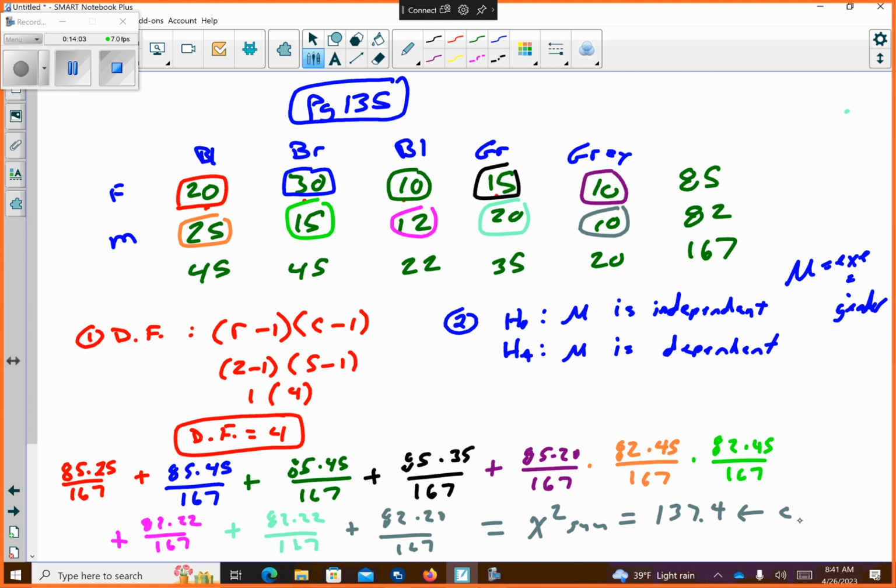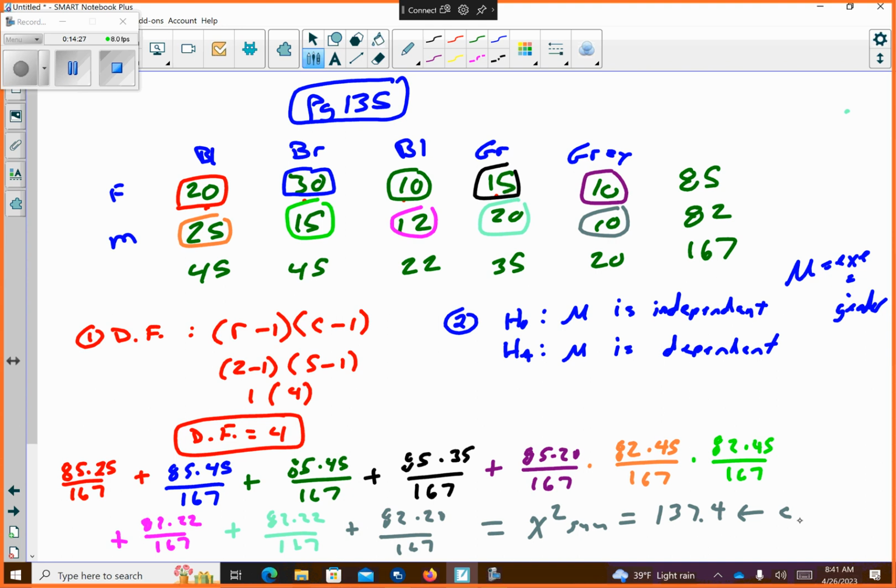Now, I want to just make sure I did this all right. Go here. Just make sure I have it plugged in right. Can't believe these calculators can handle this much stuff. Okay, 85 times 20. Enter.